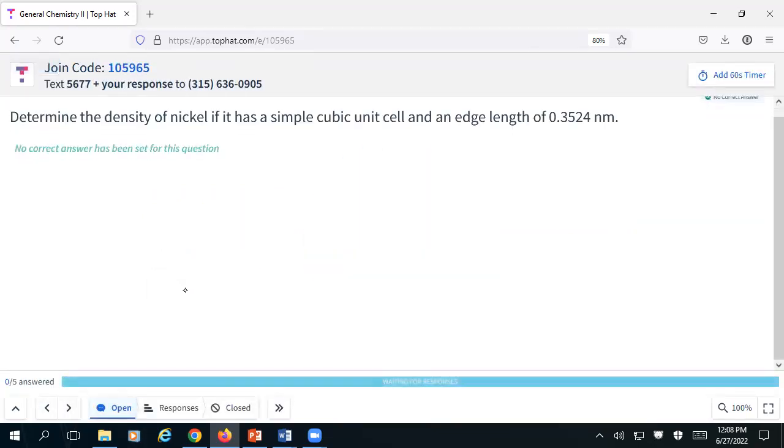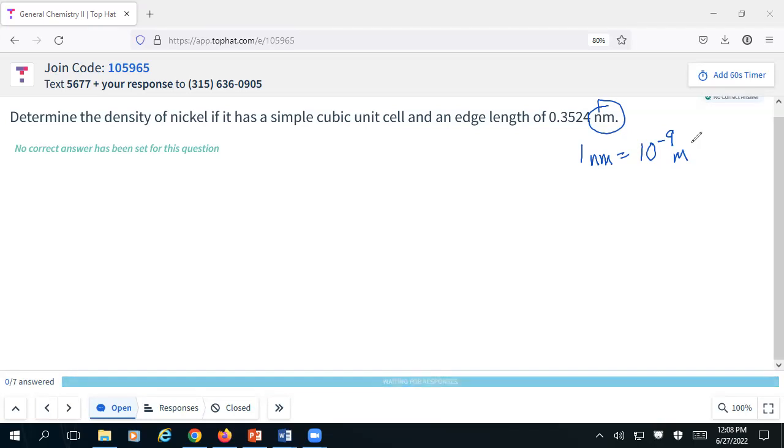All right. Determine the density of nickel if it has a simple cubic unit cell and an edge length of 0.3524 nanometers. So slightly different focus. And just in case you need a reminder, nanometers are on the billion scale, not the trillion scale.